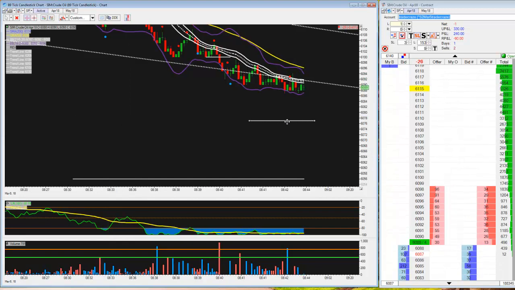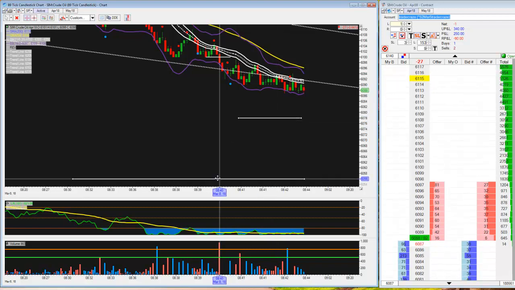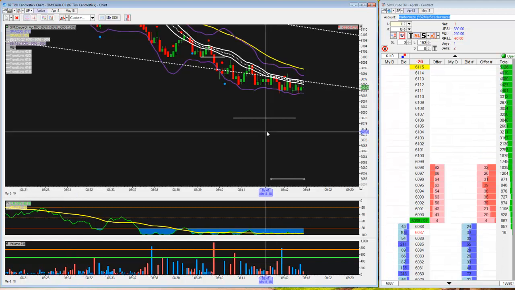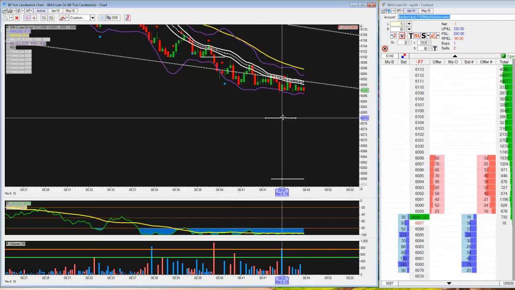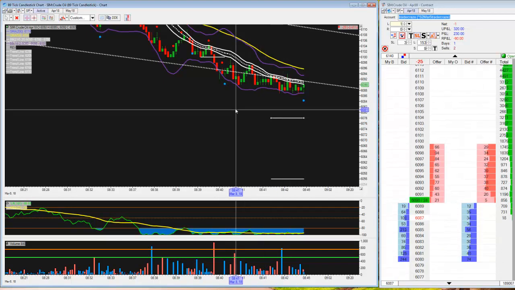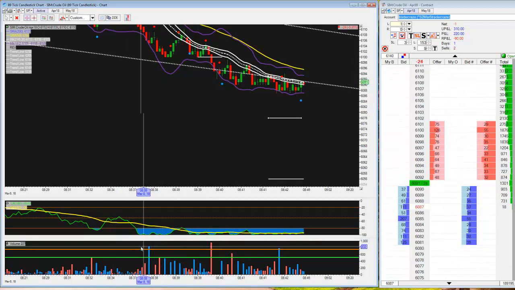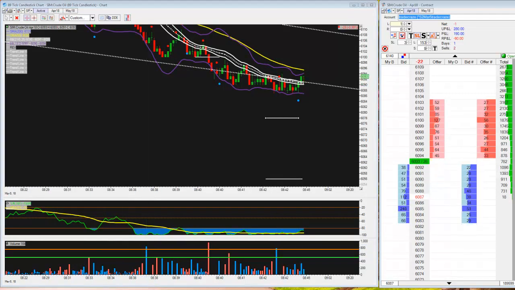Excuse me, 60.78 is the next target. 60.78. 60.56 is 3P. So what we're seeing in volume, in my humble opinion, here's a blue and a blue offsetting this red. Should still see more downside pressure.